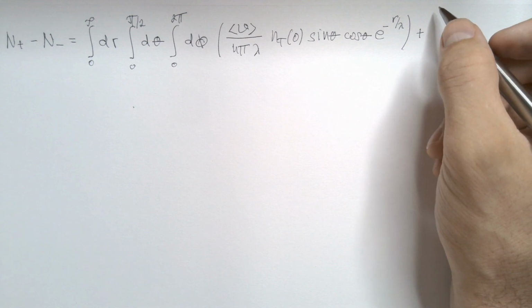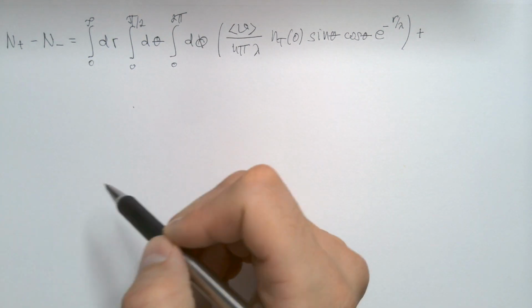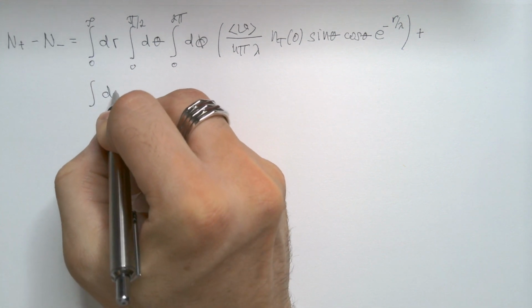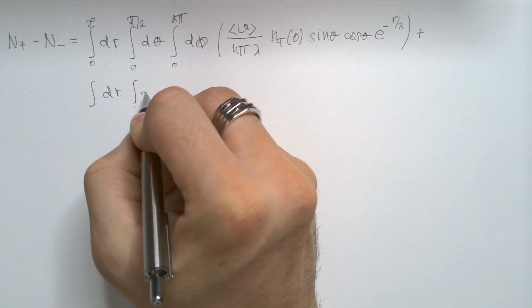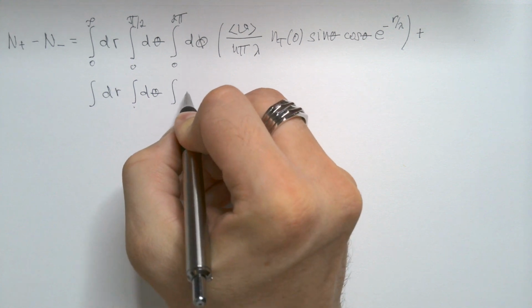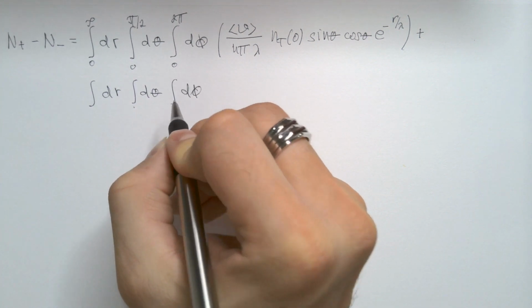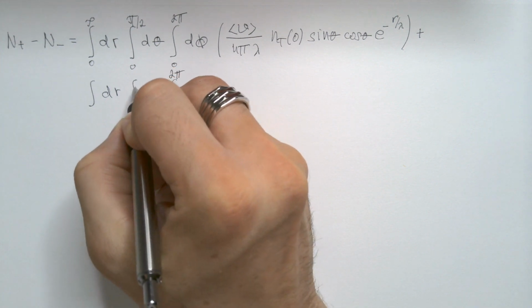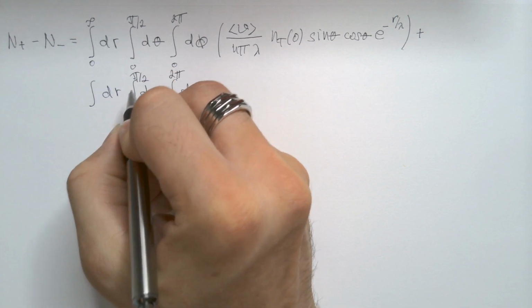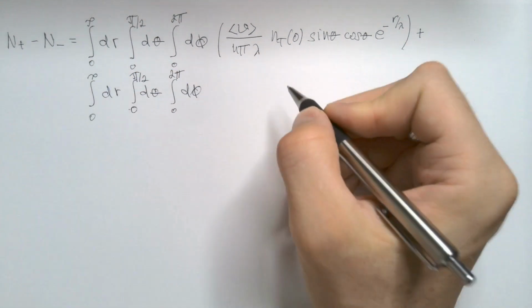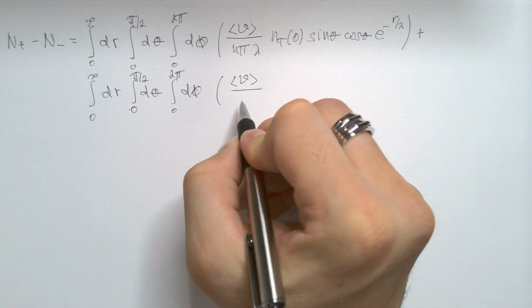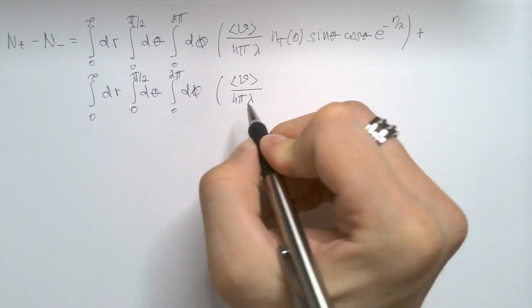And then plus the second term associated with n positive. So we will again have integral dr, integral d theta, and integral d phi. And again, they go from 0 to 2 pi, 0 to pi over 2, and 0 to infinity. Average v divided by 4 pi lambda.